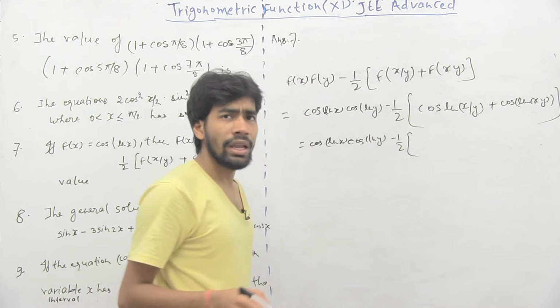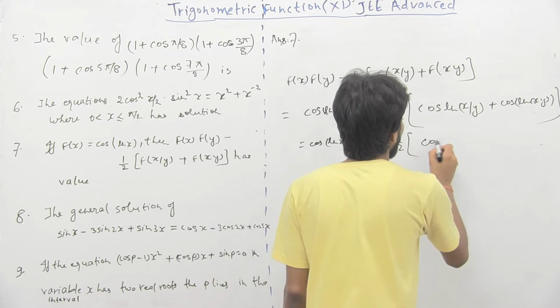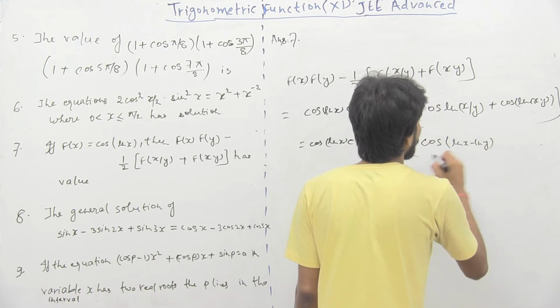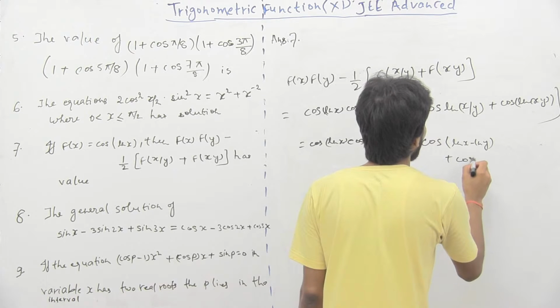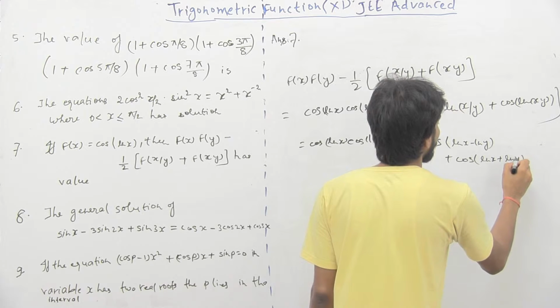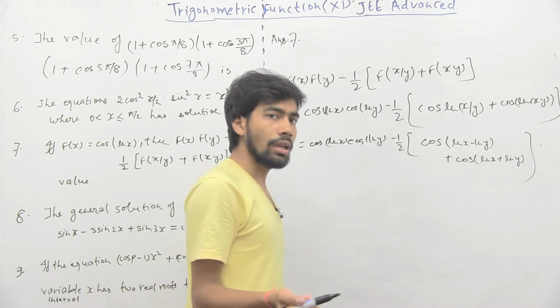Cos of ln (a by b) is cos of (ln a minus ln b), and ln xy will be ln x plus ln y.